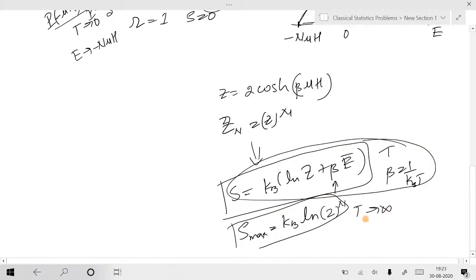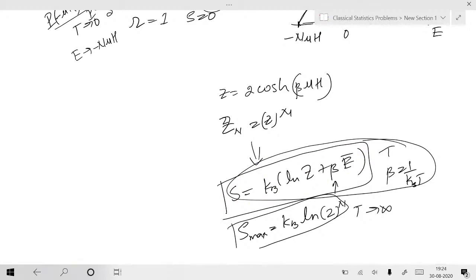In the limit where temperature tends to infinity, it looks like a constant because it is approaching its maximum possible value. When it is at thermal equilibrium at temperature T, it will have this value. When you change the temperature, this entropy will change. It can have thermal equilibrium at any ordinary temperature.